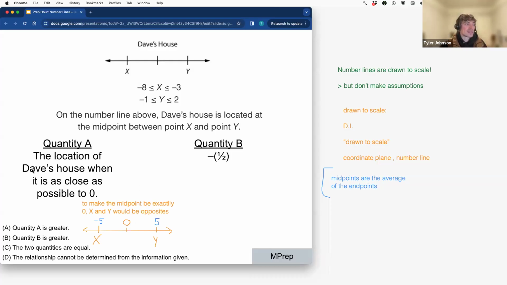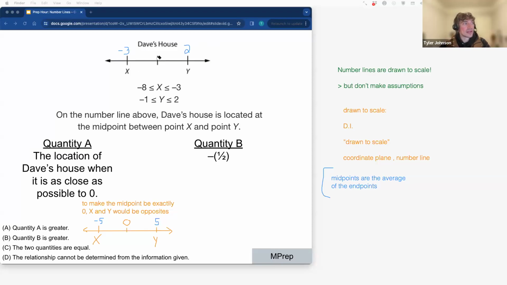So if I want to move that midpoint, Dave's house, as close as possible to 0, I'm going to stick X as far right as it can go, which would put it at -3. And Y, unfortunately, I can't push all the way to 3. I've got that hard cap of 2. But making Y 2 is as close as I could get to that ideal of 3.